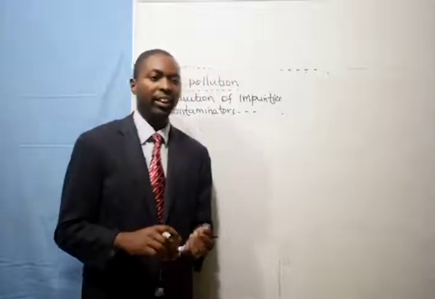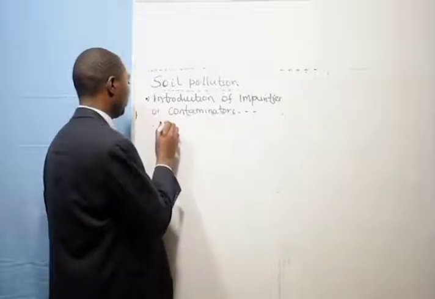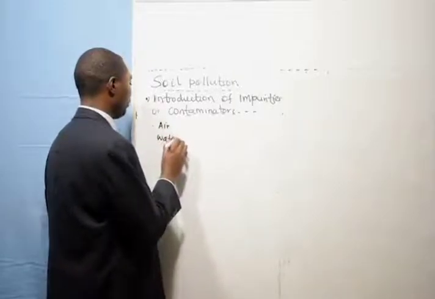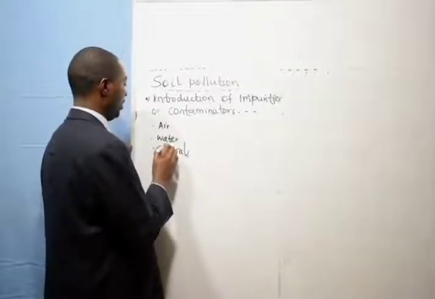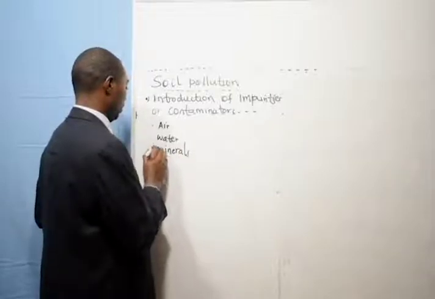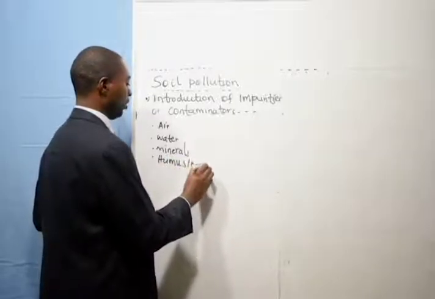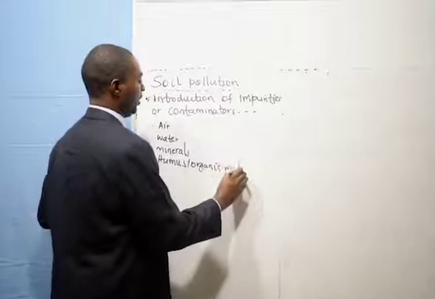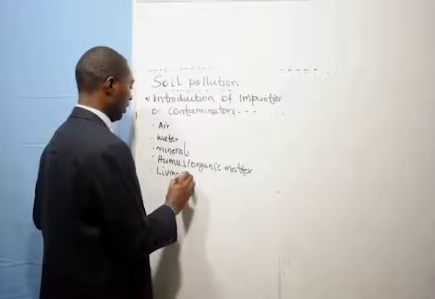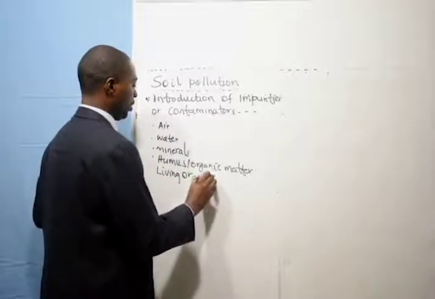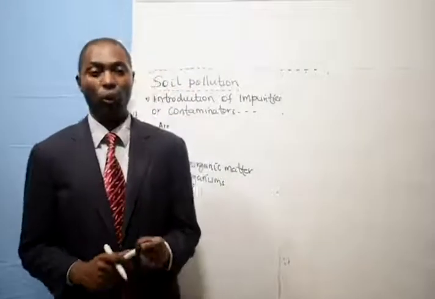The components of the soil are air, water, minerals, humus or organic matter, and living organisms. When you affect any of these, then you have interfered with the soil composition.